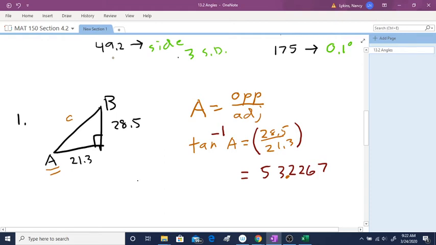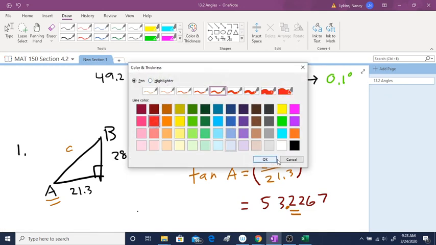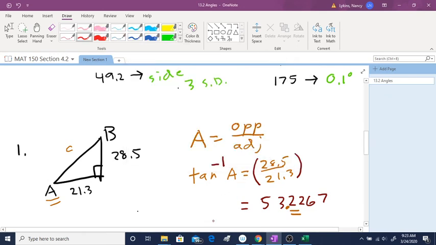Should be 53.2267. Now, since my sides have 3 significant digits, that means my angle should have a 0.1 or 1 decimal. So I'm looking at this 2 right here. What would this round to? Well, that means angle A is going to be 53.2 degrees.